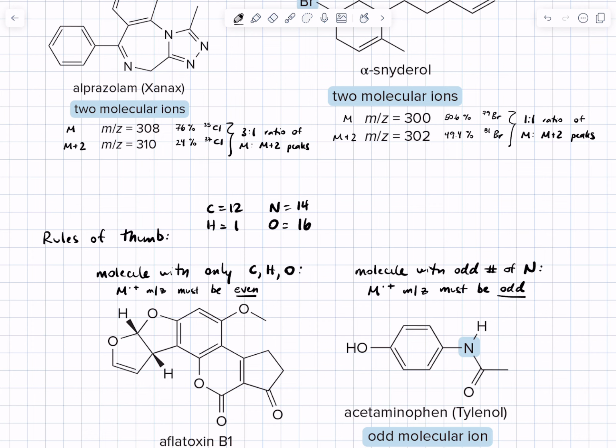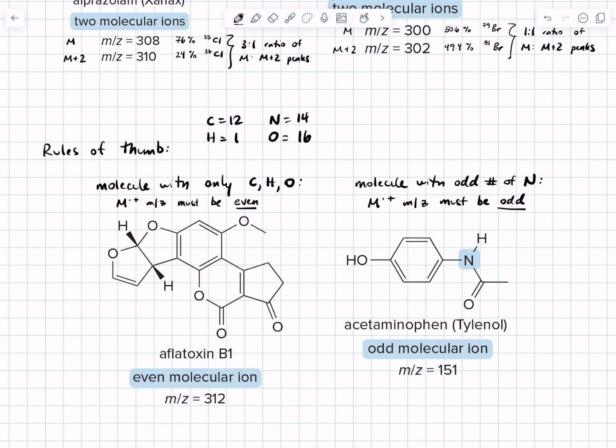In a molecule that has an odd number of nitrogens, the mass has to be odd. The reason is that nitrogens are bonded to a different number of hydrogens than oxygens are. In its neutral state, carbon can be bonded to 4 hydrogens, oxygen to 2, but nitrogen to 3. So if you have an odd number of nitrogens, your mass has to be odd. This is one way, if you don't know the molecular formula, that you can predict if there's a nitrogen in your molecule. Here's the structure of acetaminophen: 1 nitrogen, and indeed the mass is odd.